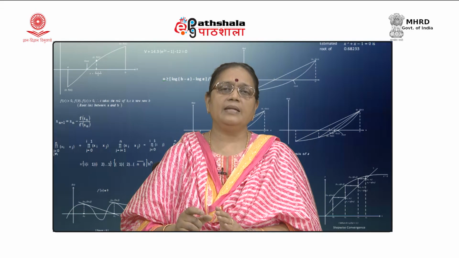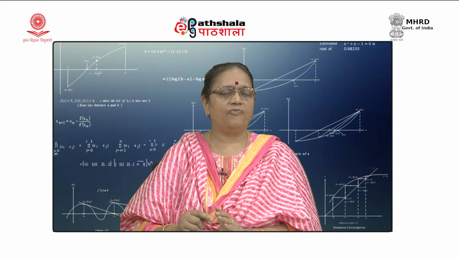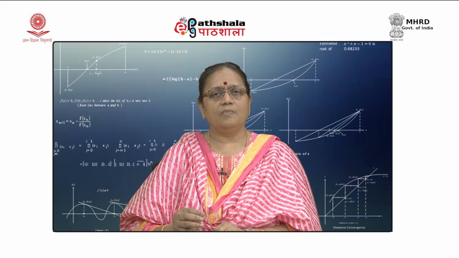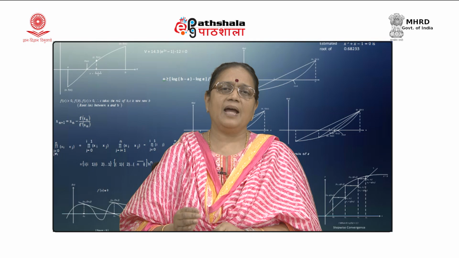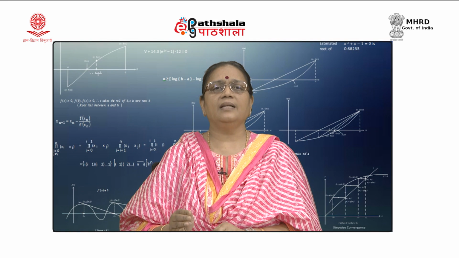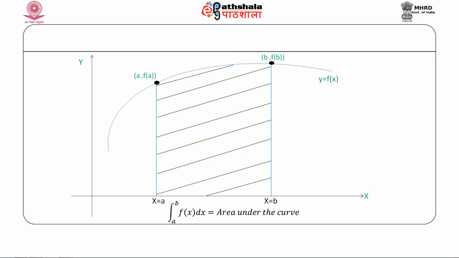This gives the areas of rectangles of very small width under the curve, and we add the areas of those strips in the limiting sense as delta x tends to 0, which is the value of the integral of the function.